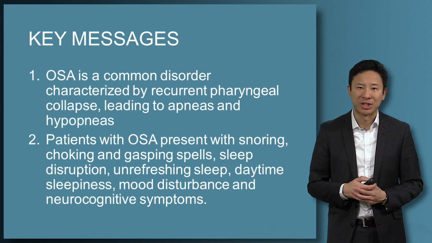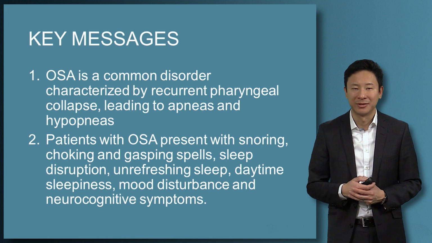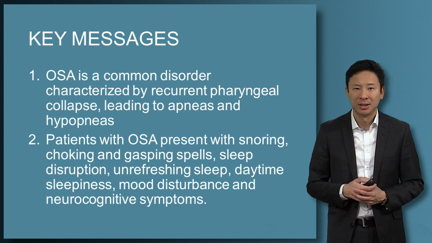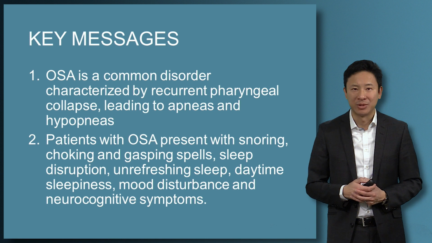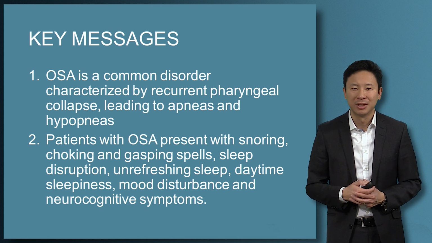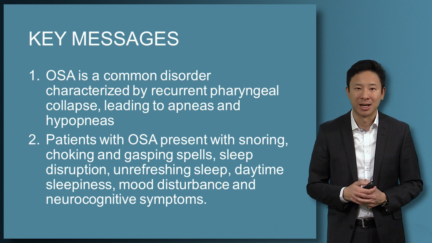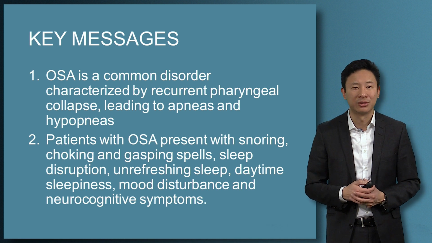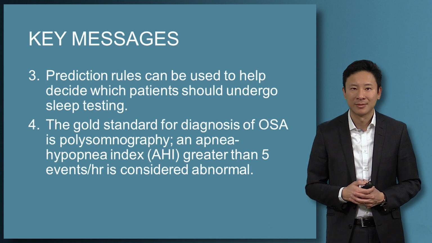To summarize our key messages from part 1 of the obstructive sleep apnea module, number 1, obstructive sleep apnea is a common disorder characterized by recurrent pharyngeal collapse leading to apneas and hypopneas. Number 2, patients with OSA present with snoring, choking and gasping spells, sleep disruption, unrefreshing sleep, daytime sleepiness, mood disturbance, and neurocognitive symptoms.